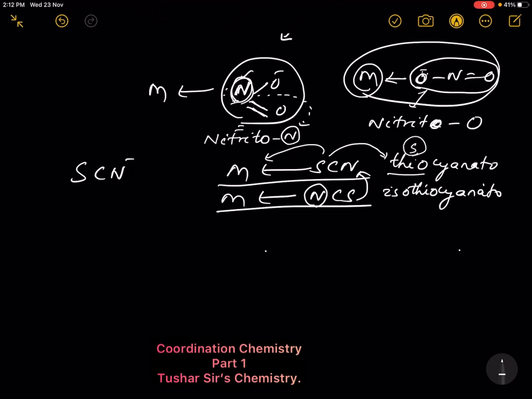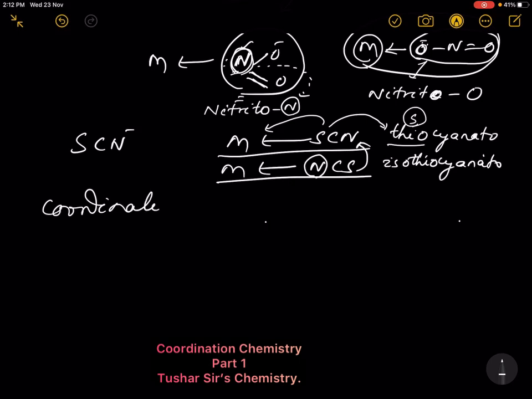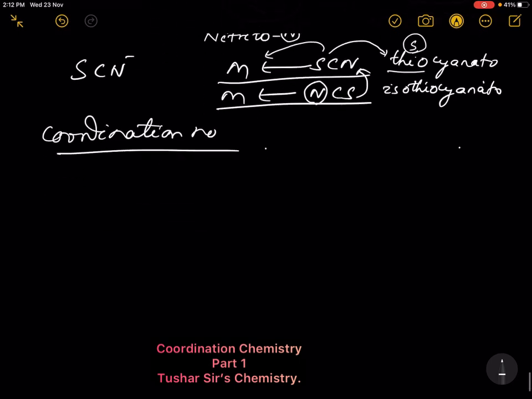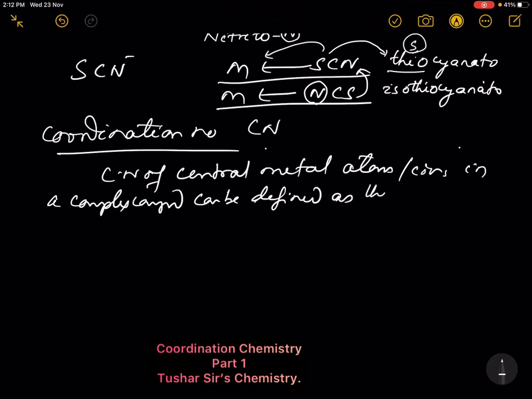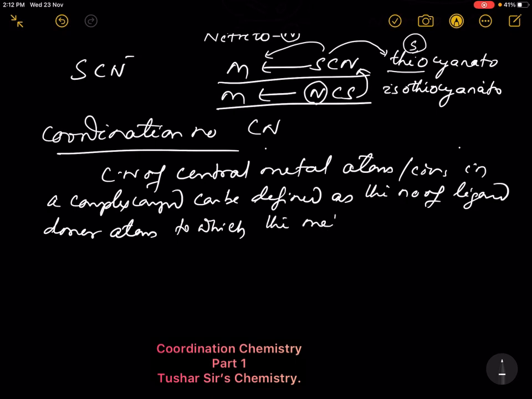Then coordination number. The coordination number of the central metal atom or ion in a complex compound can be defined as the number of ligand donor atoms to which the metal is directly bonded.